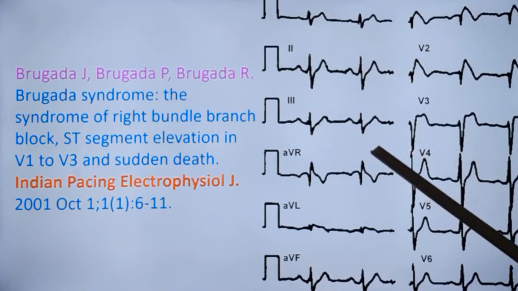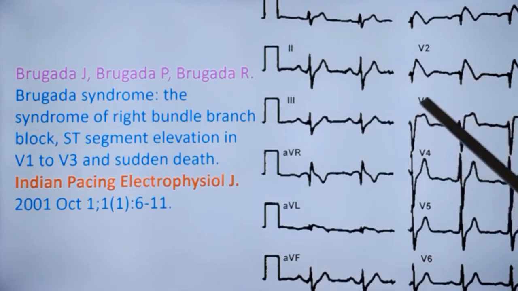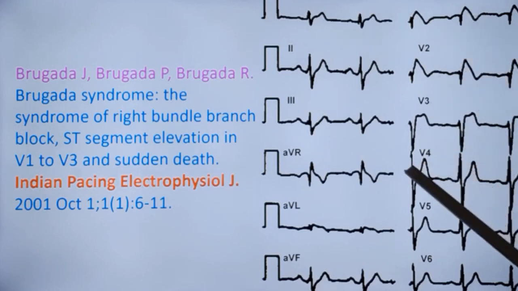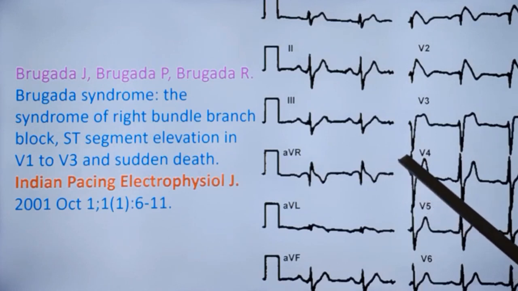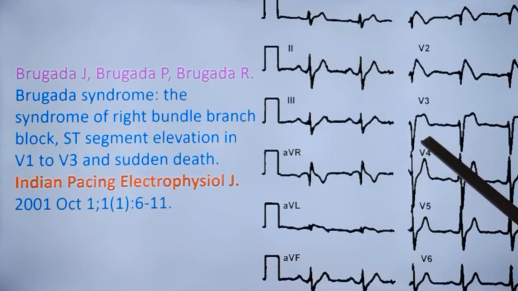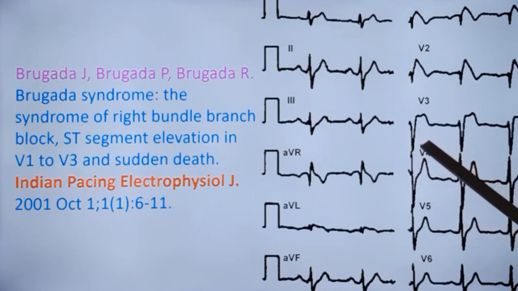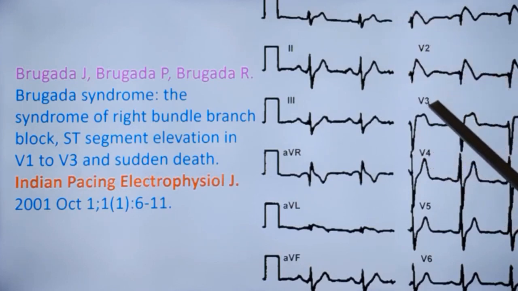Still later, it was found that only the classical pattern is diagnostic of Brugada syndrome. If we have other patterns alone, you have to have additional tests like a challenge test using flecainide or ajmaline, which are sodium channel blocking drugs, to see whether the typical pattern occurs.